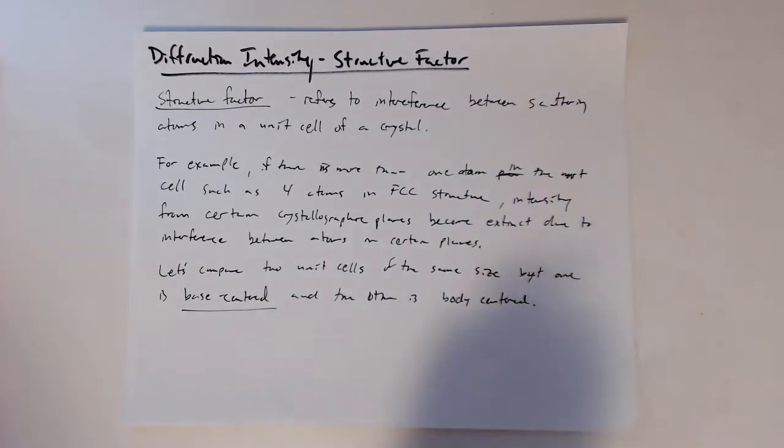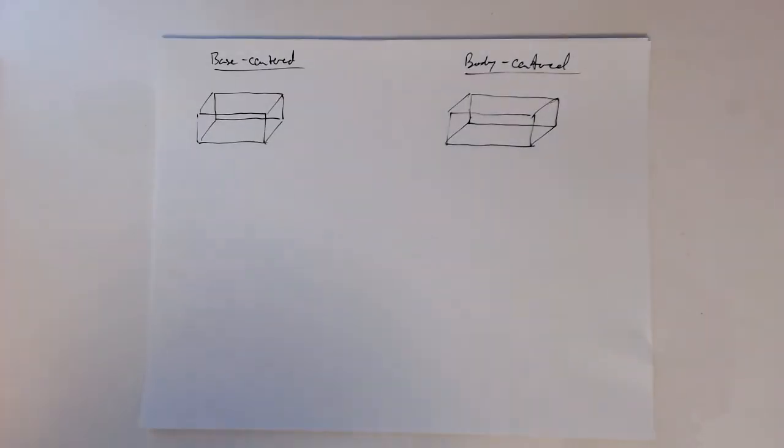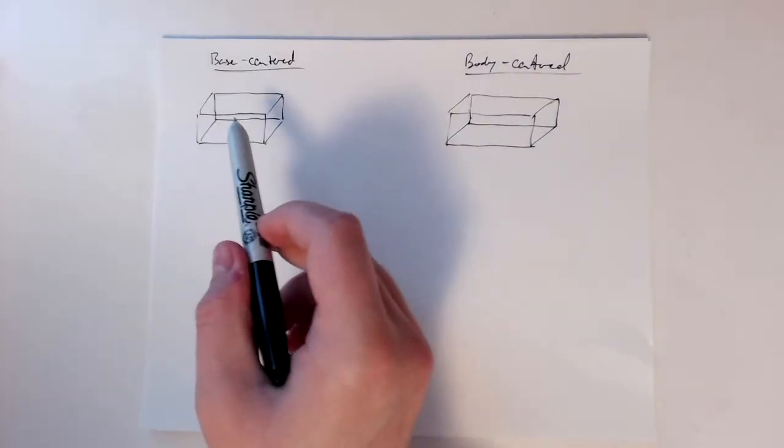So I'm going to switch pages here, and then we'll redraw these, and I'll give an example of this interference. All right, let's compare those 2 types of structures, base-centered and body-centered.